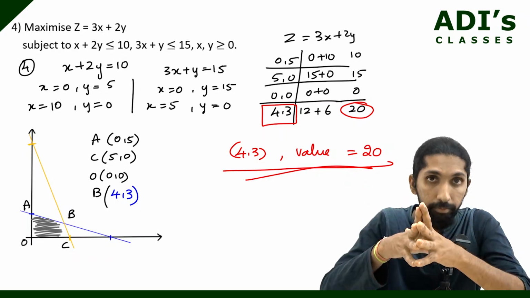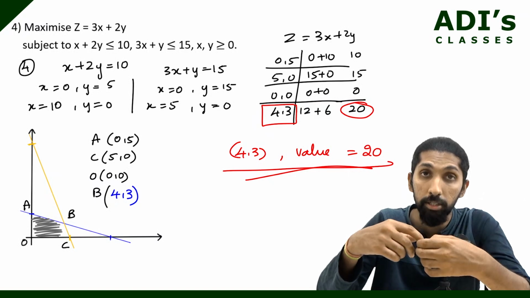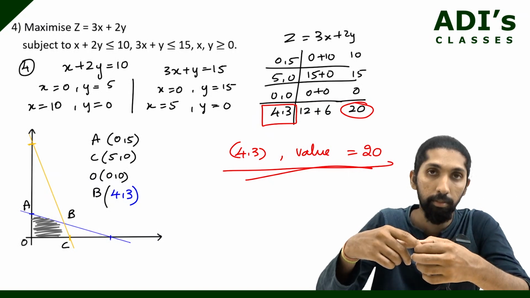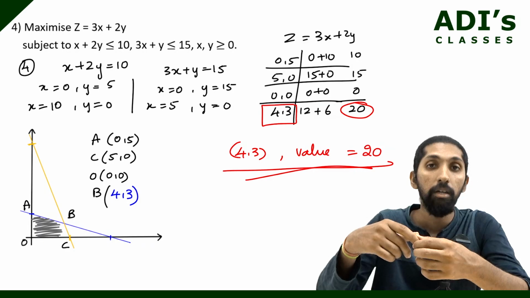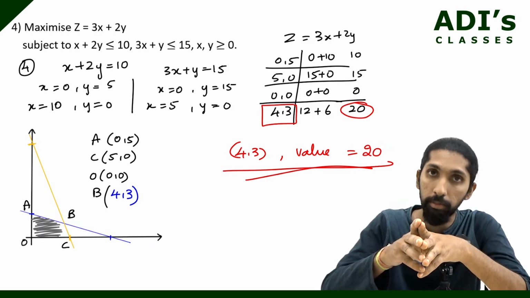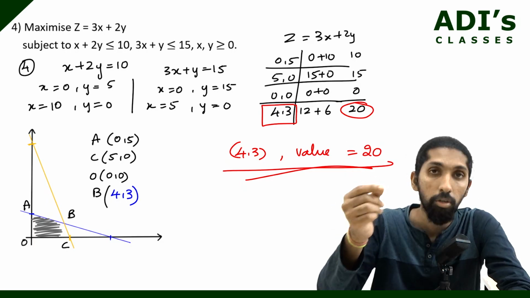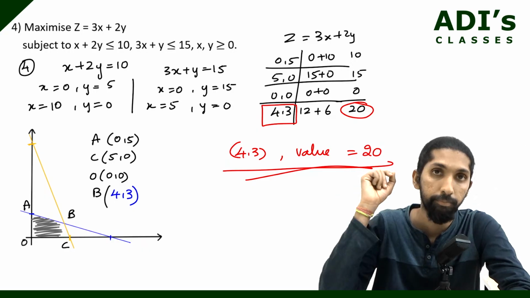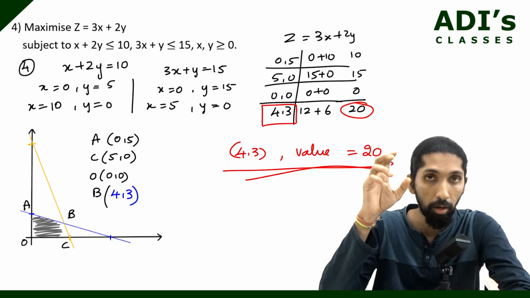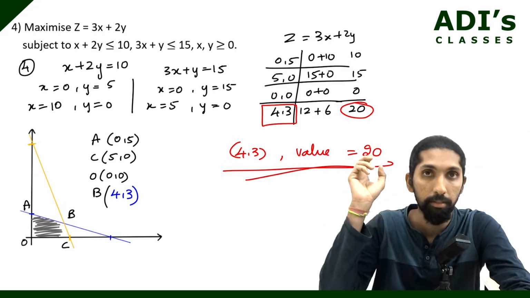Draw the graph and then find the feasible region depending on the conditions given, greater than or lesser than, whatever. Then after that, you have the optimal solution based on the feasible region and also based on what value the objective function is going to give you. Once you get the optimal solution, find the value, that's going to be the answer.